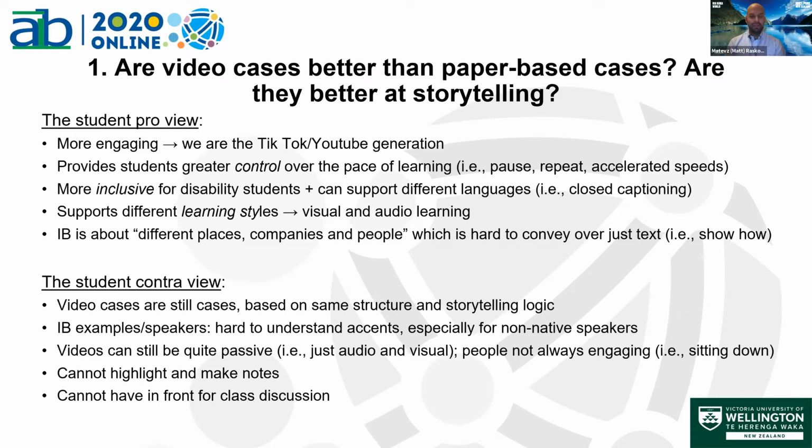So in terms of the pro view, we have to understand, as Filip very illustratively pointed out, the students keep getting younger every year. So we are dealing with the TikTok, YouTube generation that is used to consuming information through video. So that is their natural environment. And in a post-pandemic world, it seems that we are all turning into Generation Z, not young people, but Generation Zoom.